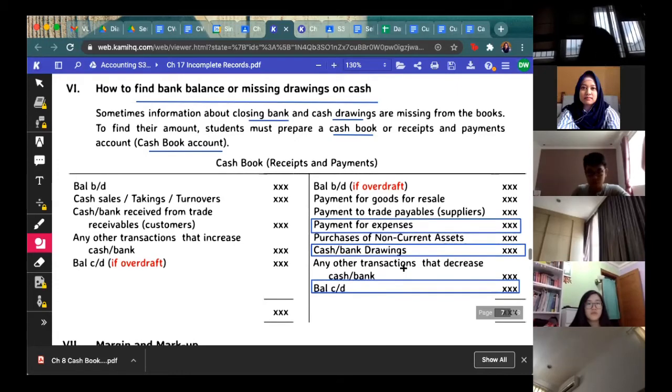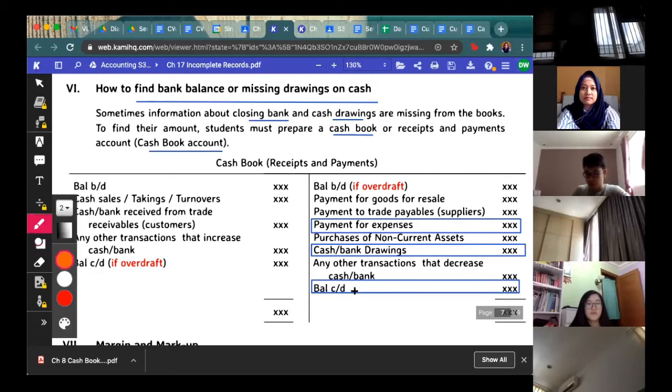Now, information that might be missing from this cash book can be any one of them. But the most common that is missing is balance CD, drawings on cash, or payments for expenses.